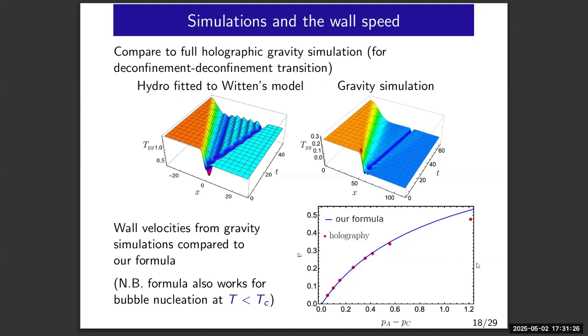Whereas this holographic computation that we are comparing to is a dissipative computation, so it does include this viscosity. And despite this, we get a good agreement. So maybe using perfect fluid hydrodynamics is not such a crazy idea. But eventually, maybe you would also like to think how to add viscosities in the setup. I didn't put it in my future directions, but maybe this is another thing to look at.